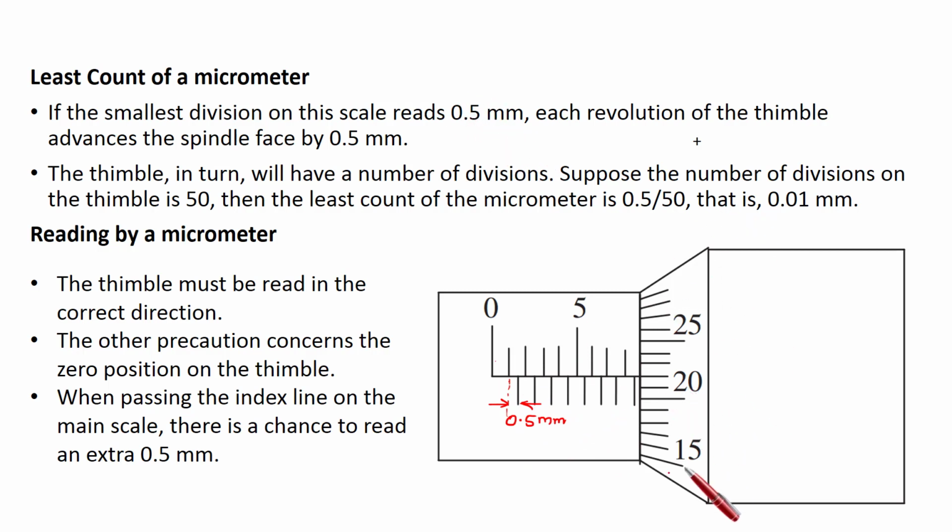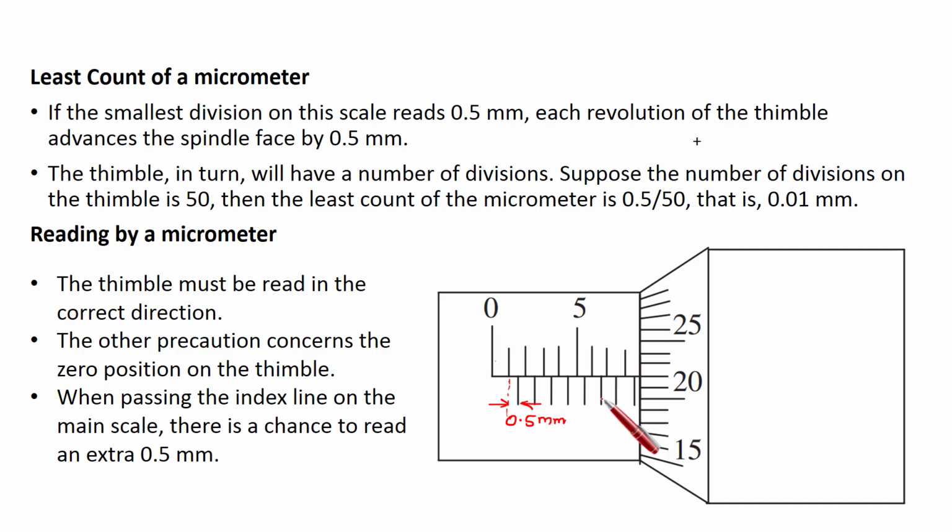And when this thimble takes a complete rotation, it will advance forward by 0.5 mm. So in one complete rotation it will move 0.5 mm. Again another complete rotation, it will move another 0.5 mm.